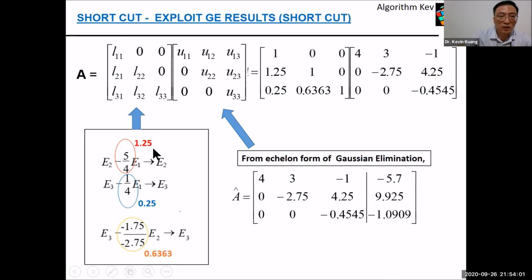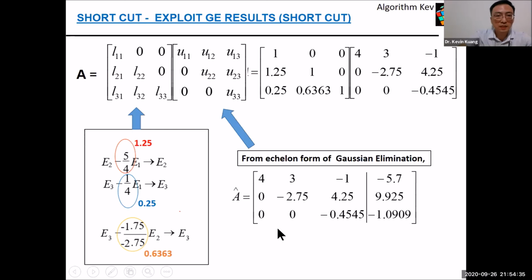So these are the three numbers that go into the values of L21, L31, and L32, right? So you can see that these numbers are identical. Okay, and since we know the diagonal elements are all 1, we have fully populated the L and U very quickly simply by taking the information from the Gaussian elimination process.